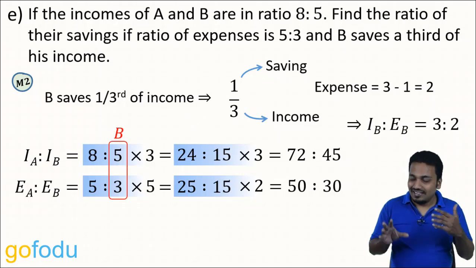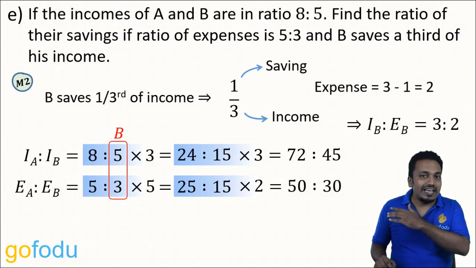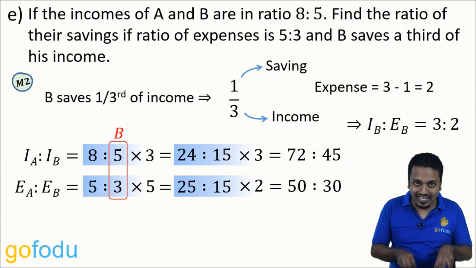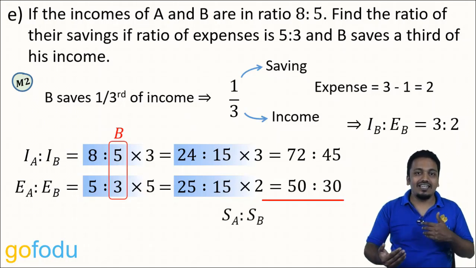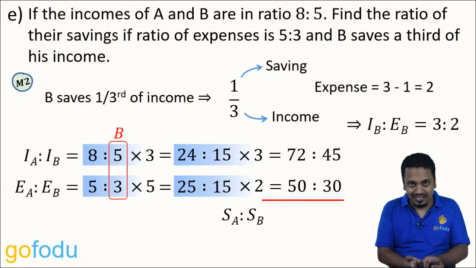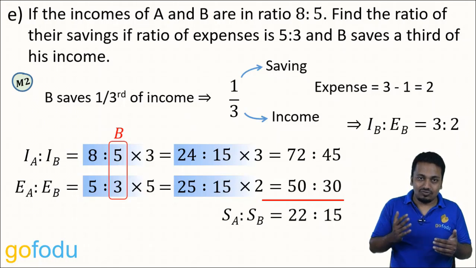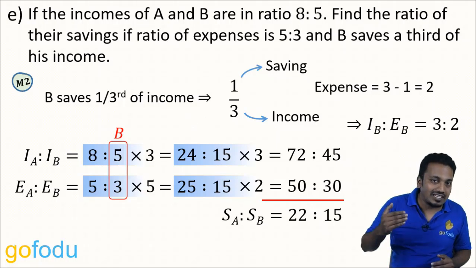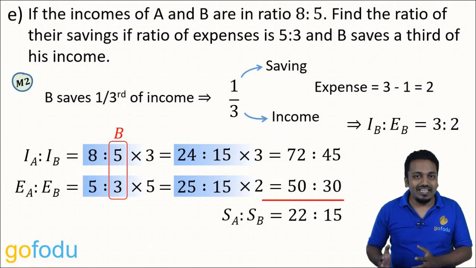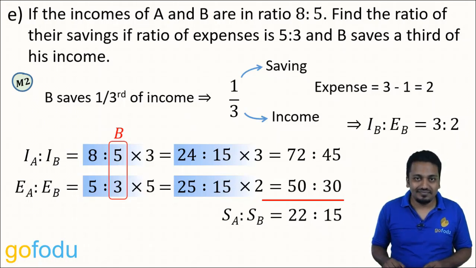Now these values satisfy every condition mentioned in the question. For the saving ratio, we can directly take the differences of income and expense terms. 72 minus 50 is 22 and 45 minus 30 is 15. 22:15 is the final answer.